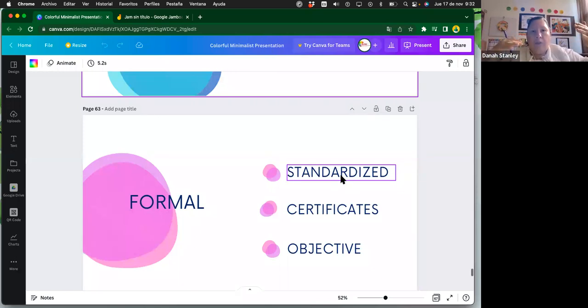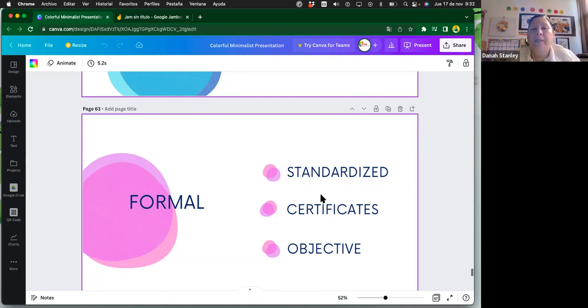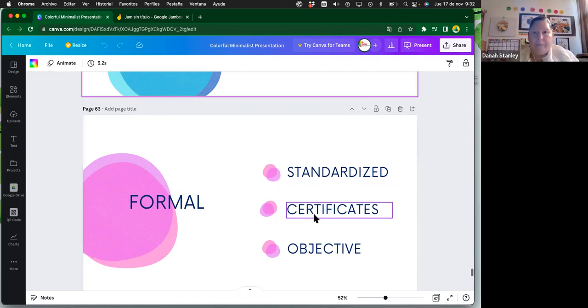Obviously, there are going to be students who will be and who won't be, okay? Certificates. Cambridge, Trinity, TOEFL, all those certifications set standards, no? Normally for TOEFL, the minimum required is 550.